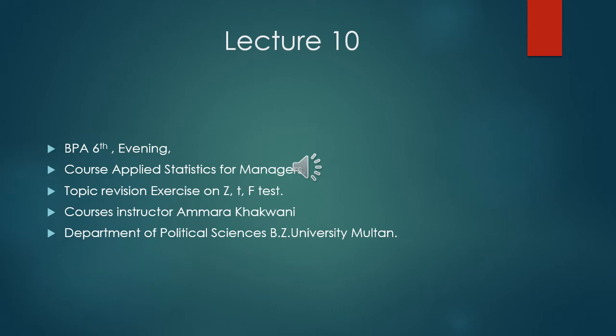Up till now we have completed these. Today's last lecture is about testing of hypothesis concerning population mean and variances, and I tried to review with the help of numerical exercises in this lecture.